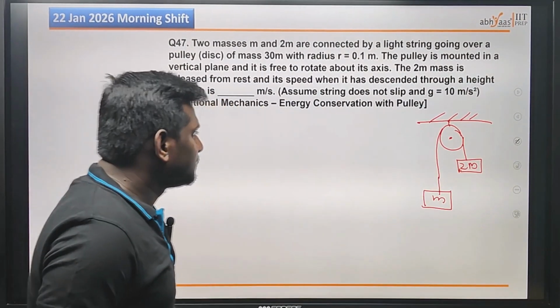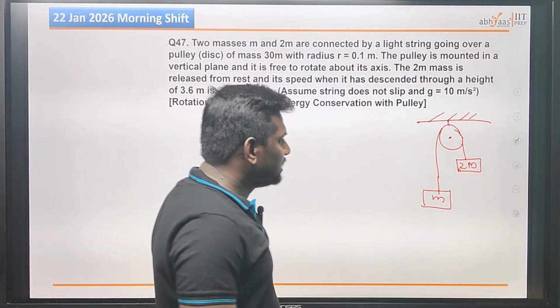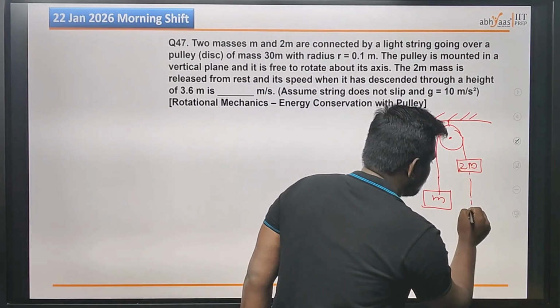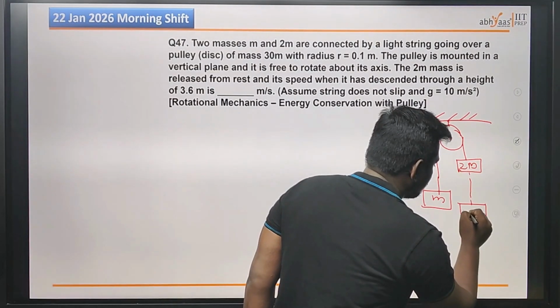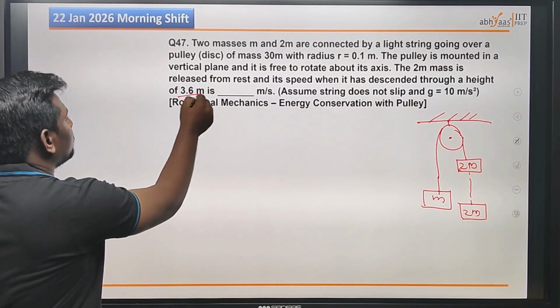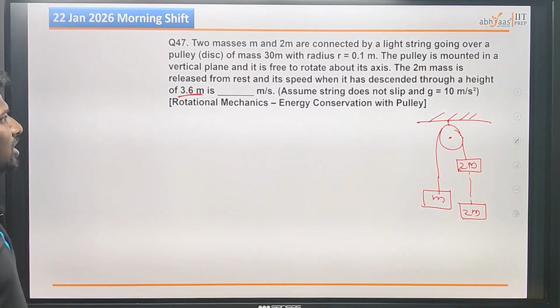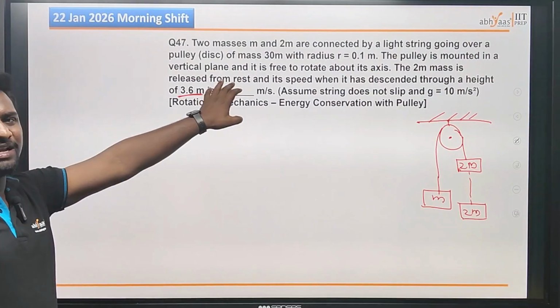So this is the condition. If we release that 2m, it will go down with the height of h, that is 3.6 meters. So then what you have to find? You have to find the velocity.